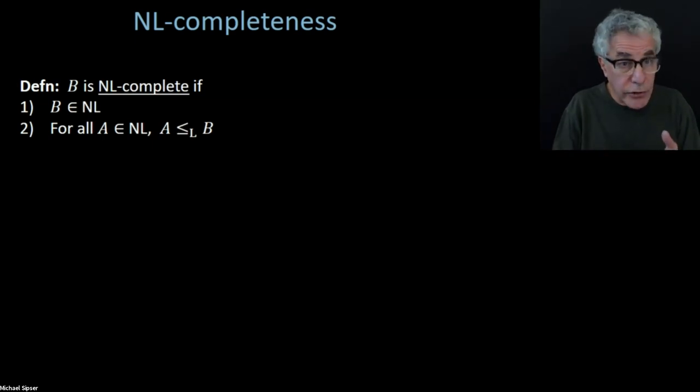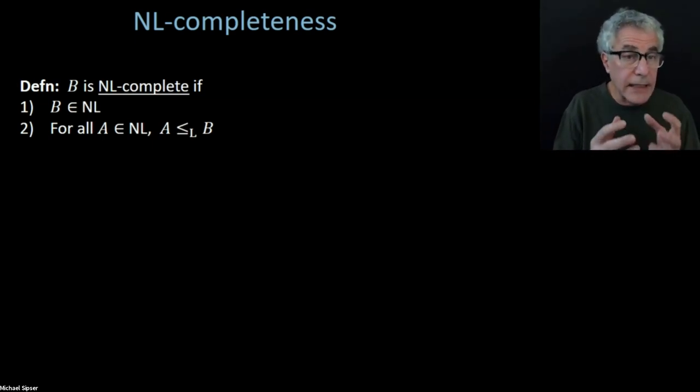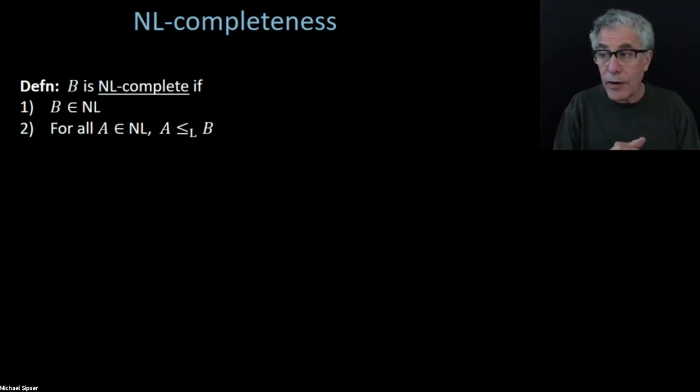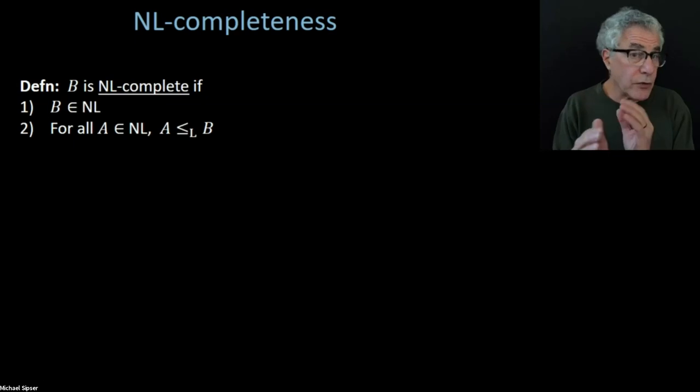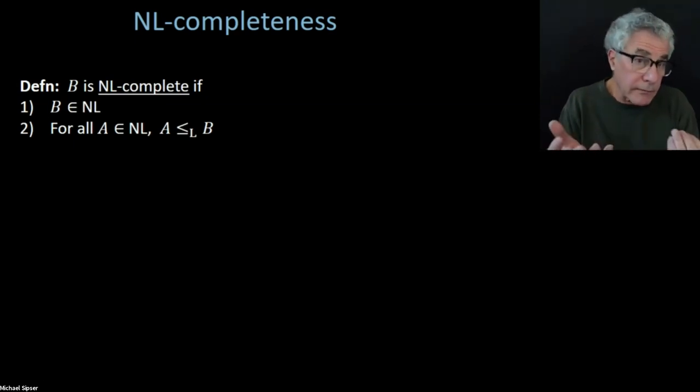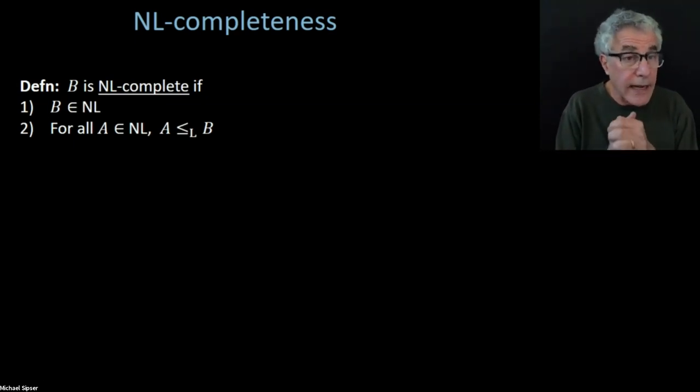So they're like the hardest NP problems. Here we're going to have an exactly analogous situation for NL, where all other NL problems are reducible to them. So if you can solve one of these NL complete problems in log space deterministically, then you solve all NL problems in log space deterministically.